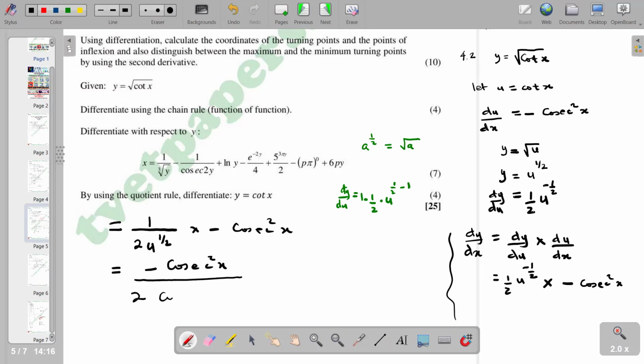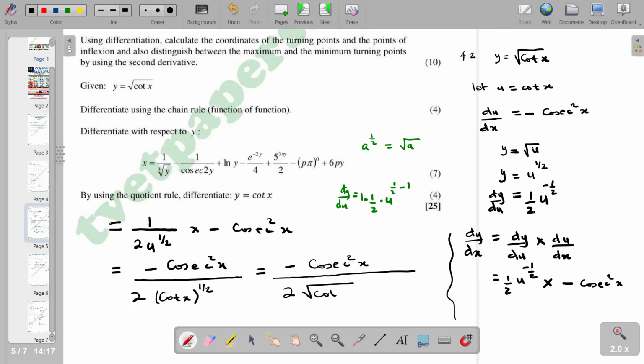It's cot x to the power half, meaning this will be equal to negative cosec squared x divided by 2 root cot x.